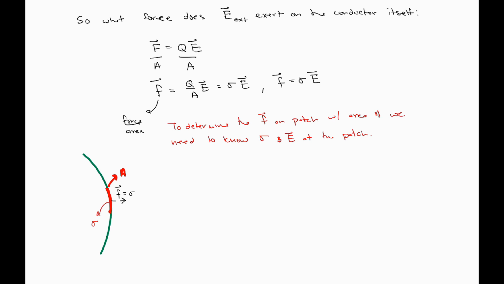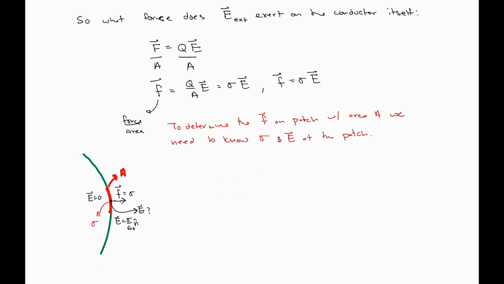As the book argues, the charge density is simple enough, but the electric field right at the patch is kind of complicated, because on this side I know that the electric field is equal to 0, but just above the patch on the other side, I know that the electric field is equal to the charge density divided by epsilon naught in that normal direction.